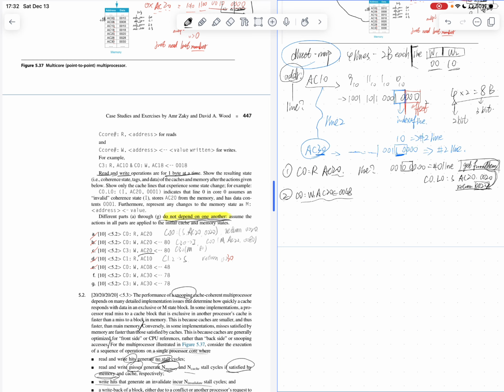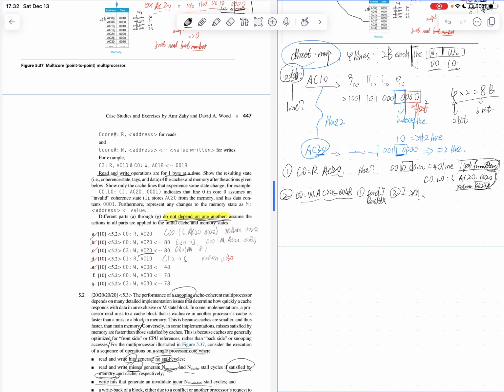Actually, we don't need to get it from memory because we will write it. We will firstly send invalid to tell others their copies mean nothing. And then it will be the bus read X, and then we will do our modify. We change from nothing into a modify.